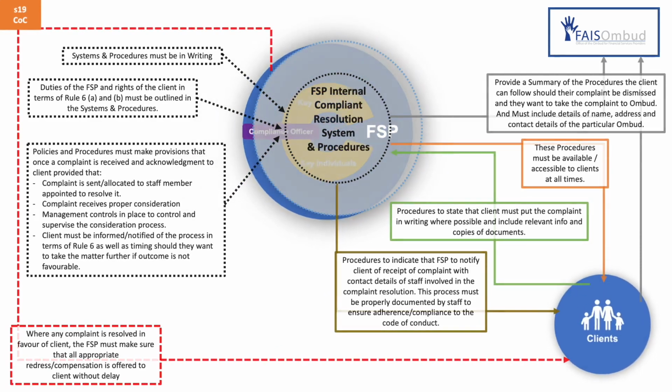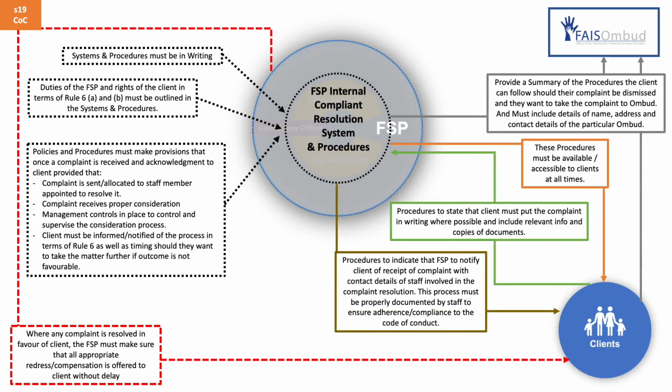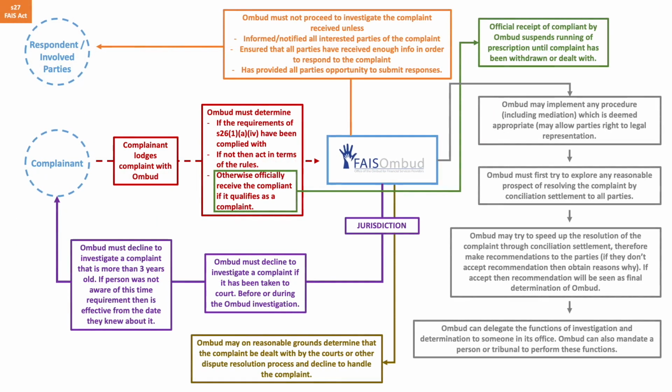We then looked at the required internal complaint resolution system and procedures established by the FSP when dealing with complaints. And then finally, we looked at the process followed by the FAIS Ombud when receiving a complaint from a client, also referred to as the complainant of the FSP.